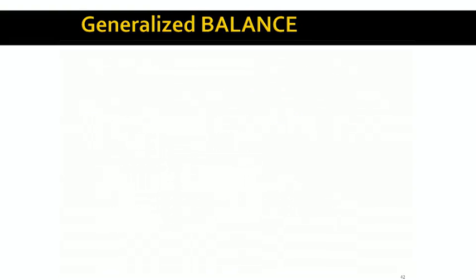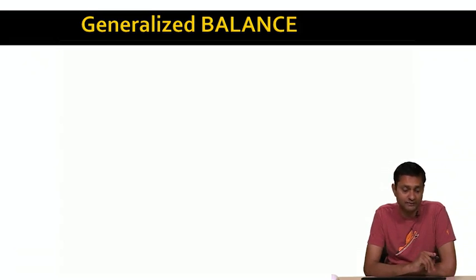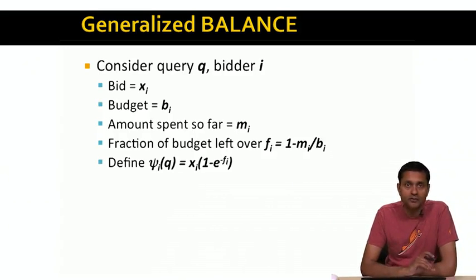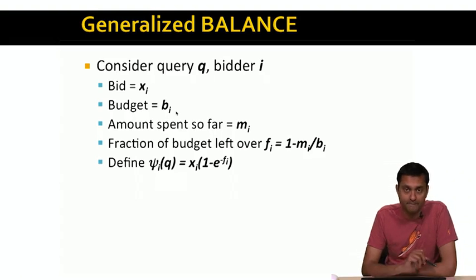So it turns out that we can fix the balance algorithm to deal with the fact that advertisers have different budgets and different bids. This is what's called the generalized balance algorithm. Suppose for query Q and bidder i, the corresponding bid is Xi, and the budget of advertiser i is Bi.